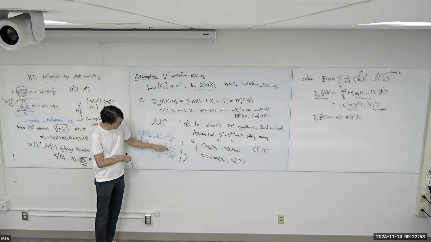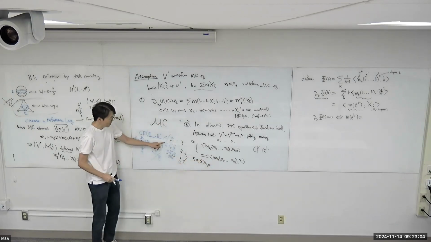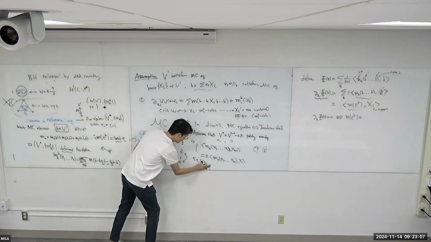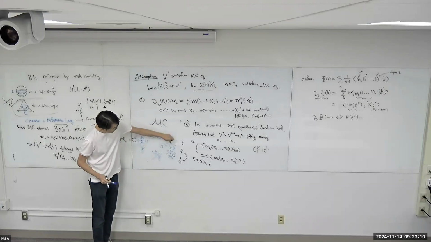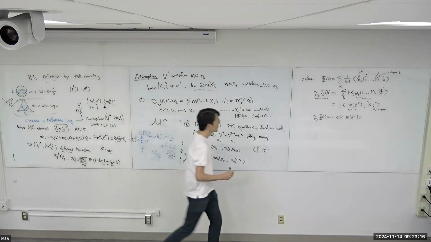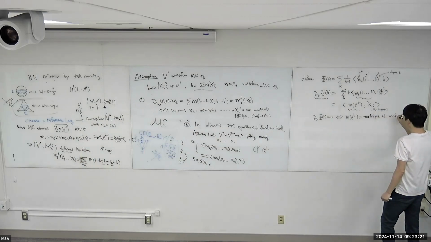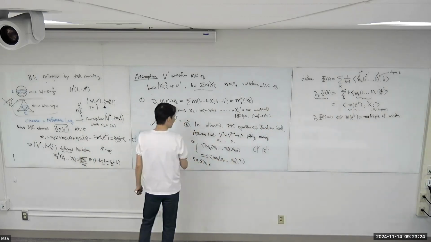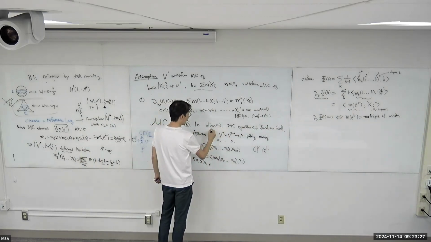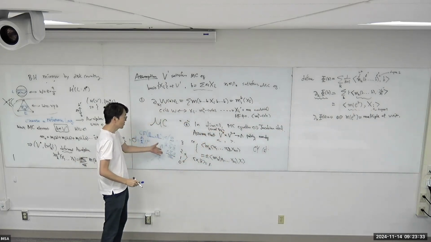So the output will be this or this, but the pairing of these, x and x bar, is like a point. The convention is that these two pair to a point. So the pairing of this being 0 means that it's actually a multiple of the unit. So let's make everything mod G2, so it's just even and odd.